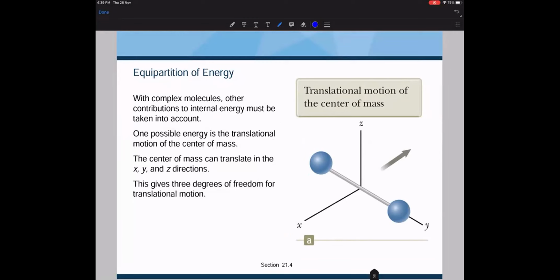So this is a two-atom molecule. So the center of mass is moving along the x-axis. And of course, some of them will be moving along the y-axis, some of them moving along the z-axis as well. So there would be 3 degrees of freedom, x, y, and z.